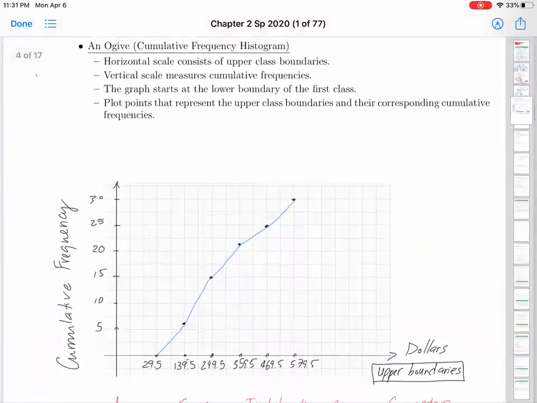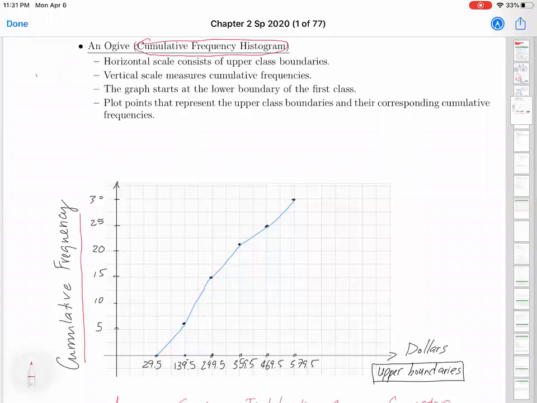The next graph that is associated with frequency distributions is an Ogive. So an Ogive is a cumulative frequency graph, and based on the name of it, right, you know that you're going to create a graph that is using cumulative frequencies as the measures of the vertical scale.